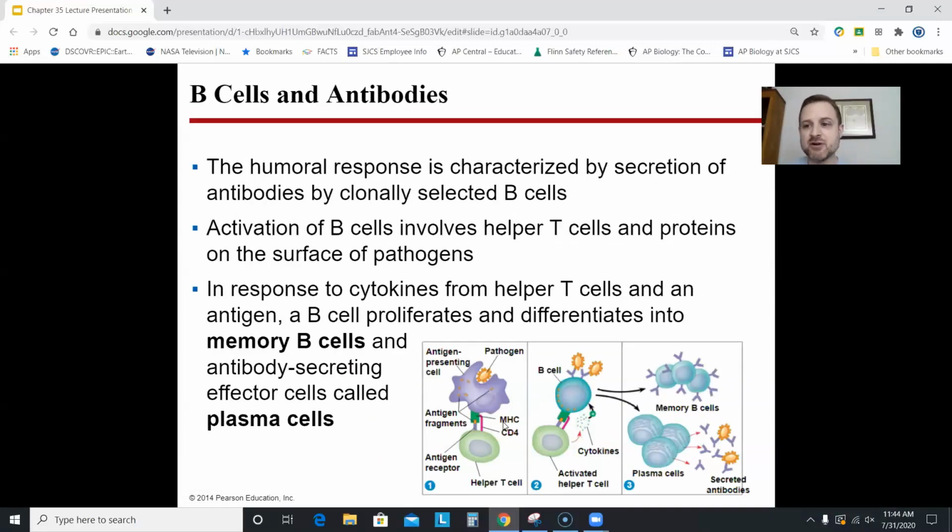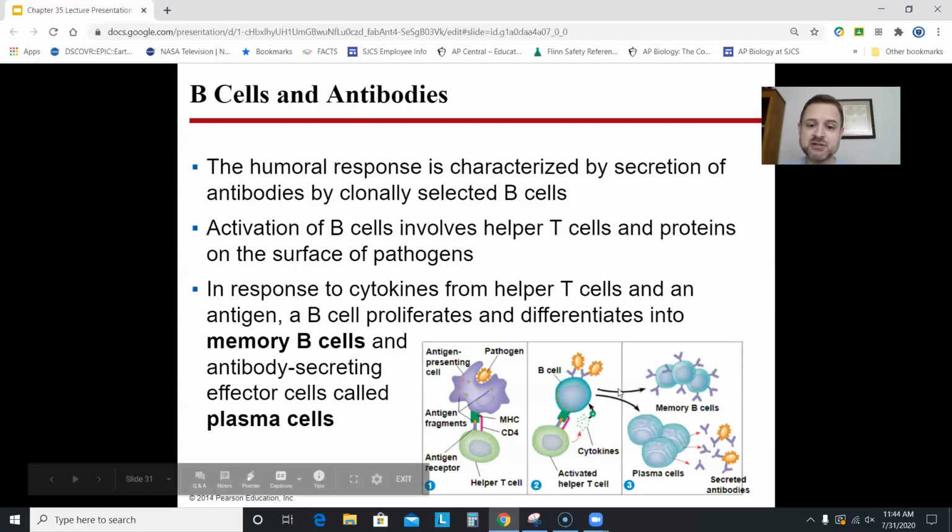So B cells and antibodies. B cells are also stimulated by helper T cells to go through clonal selection. So if you look at this diagram here, in the first box, I have a white blood cell that engulfed the pathogen and produced the MHC antigen fragment complex, and it's binding to a helper T cell, which is now activated. This helper T cell goes and attaches to a B cell that has the same antigen.